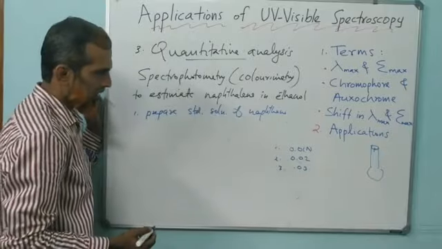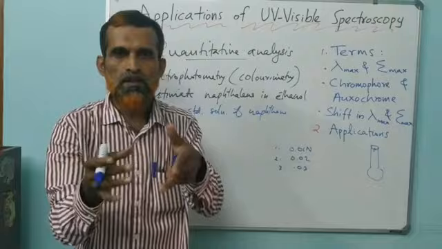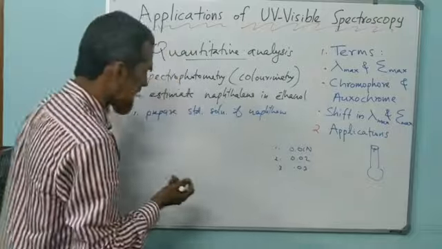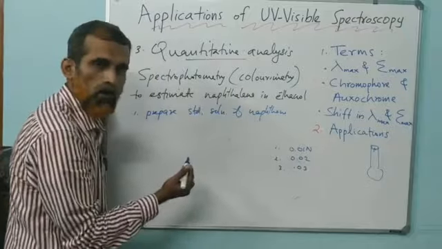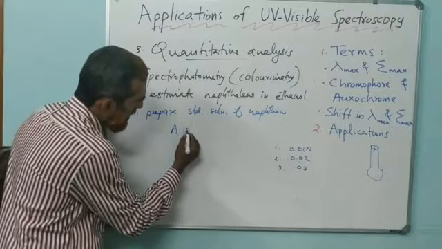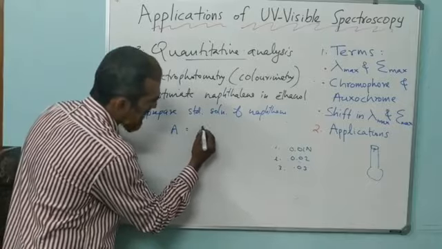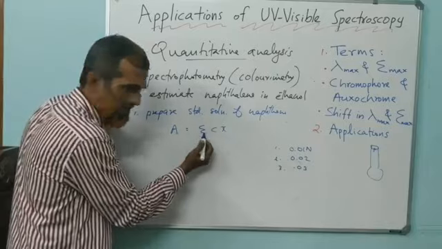Then you take these solutions one by one into the instrument and measure the absorbance. The basic principle of this method is Beer-Lambert's law, which is represented as A = εCx. Epsilon is a constant.